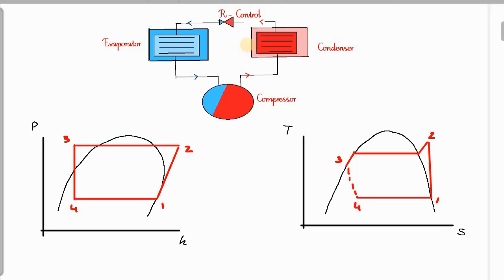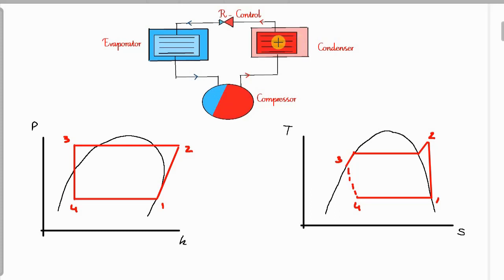Now, the simple introduction of the condenser: it rejects heat from the high temperature refrigerant to the atmosphere or to any cooling medium. For example, here this is water. When the high pressure and high temperature refrigerant enters this condenser, because the temperature of the refrigerant is greater than the temperature of the water, heat will naturally flow from the refrigerant to the water.